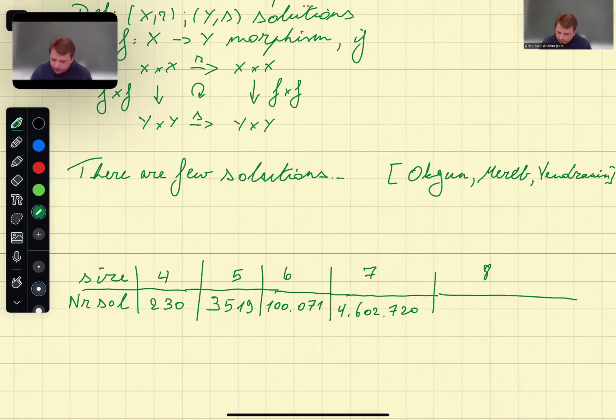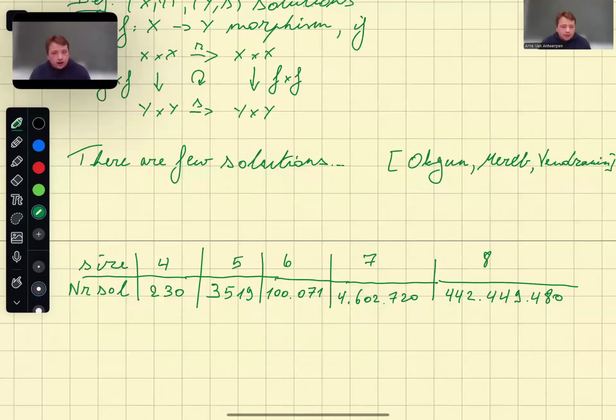And in size 8, which as far as I know is the largest computed number of non-involutive set-theoretic solutions, it is 442,000. 400 million, my apologies, 449,480. So it's clear that very fast these blow up, and that there are a tremendous amount of set-theoretic solutions that are both left and right non-degenerate and bijective maps, as we requested.